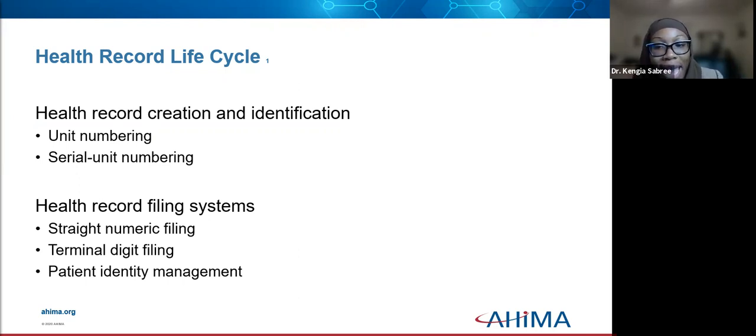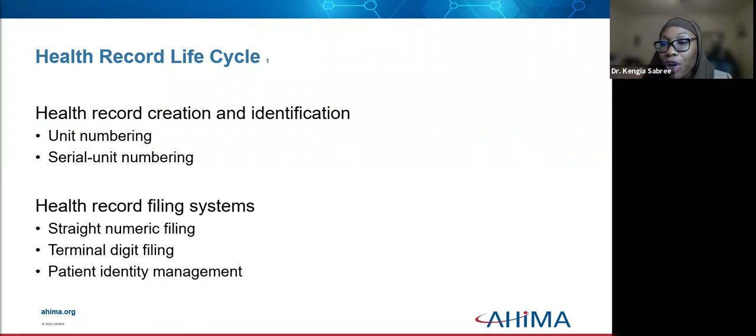So for each encounter, the records of past episodes of care are brought forward and filed under the last number issued. Small facilities, such as physician offices and clinics, typically use alphabetic filing, while large facilities use numeric filing.